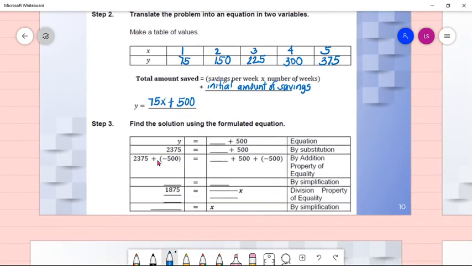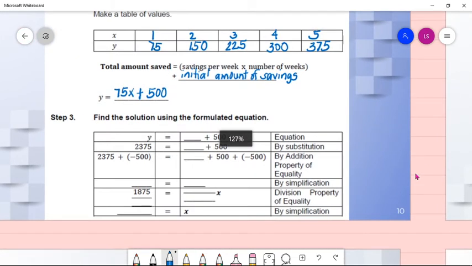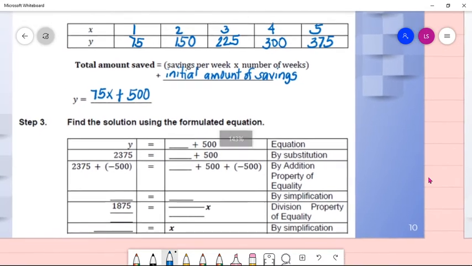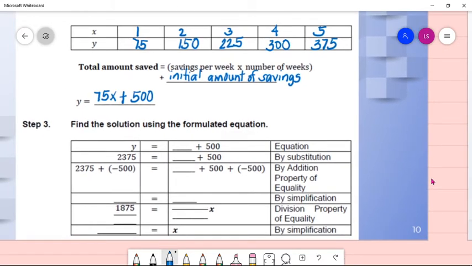For step 3, find the solution using the formulated equation. This is easier because it's just fill in the blanks. So here is 75x, same with substitution. This is also 75x.